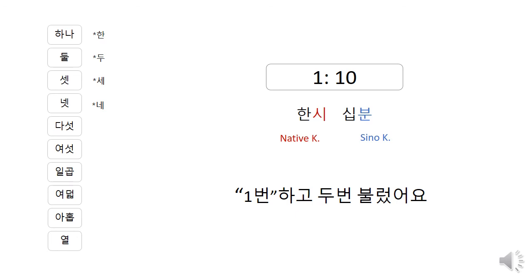When the teacher called it twice, then in Korean, 1번 하고 2번 불렀어요. 1번 is the number, the assigned administrative number, right? For each student, 1번. 2번 불렀어요 is colloquial, like, counting, like verbally called out, right? So it's native Korean numbers.